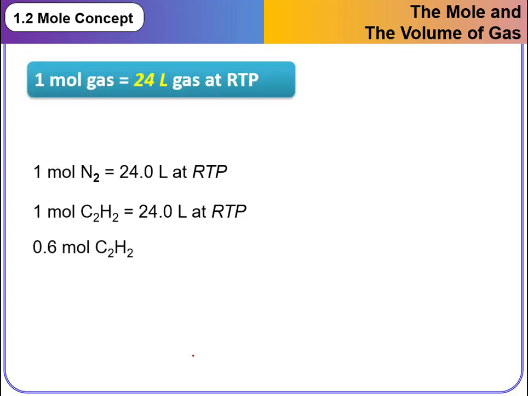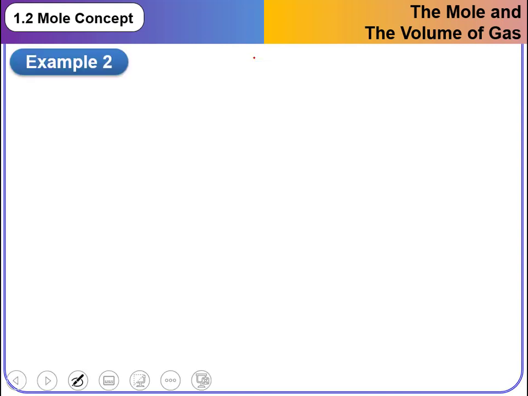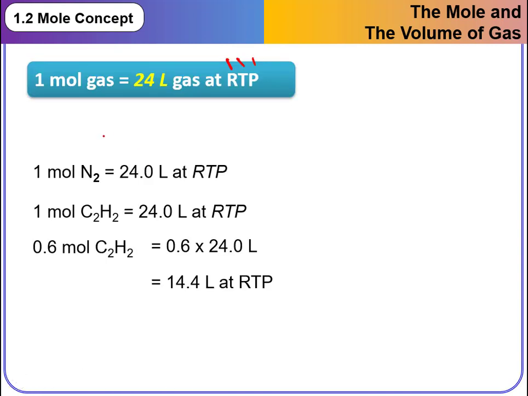How about if it is at room temperature and pressure? Like I have mentioned in our previous slide, 1 mole of gas contains 24 liter at room temperature. If you have only 0.6 mole of C2H2, what to do is to times 24 liter, so you have 14.4 liter at room condition.